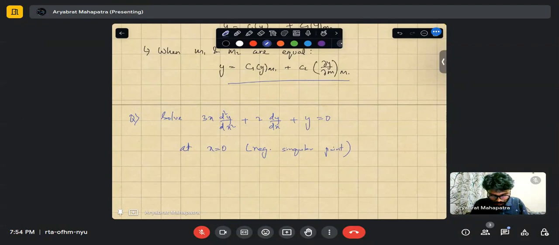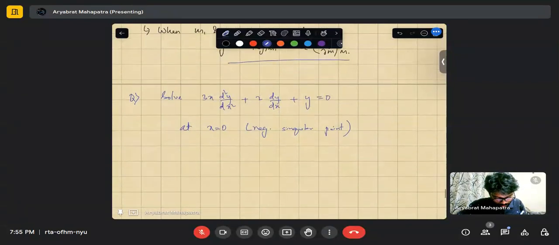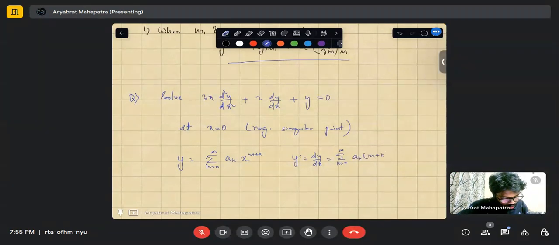Again, you will adopt the same process which we were discussing earlier. First, you take your ansatz, y equals the sum over k from 0 to infinity of a_k x to the power m plus k. Then your y prime, that is dy by dx, will be the sum over k from 0 to infinity of a_k times (m plus k) x to the power m plus k minus 1.